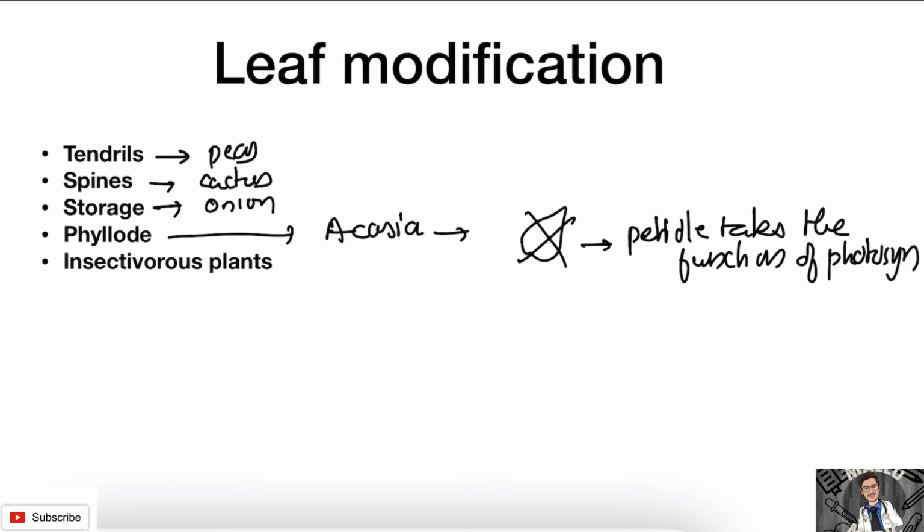Now insectivorous plants: in insectivorous plants the leaf is modified so that they can capture insects. So you have to learn the examples pitcher plant and Venus flytrap.